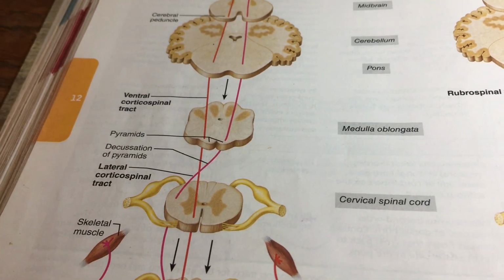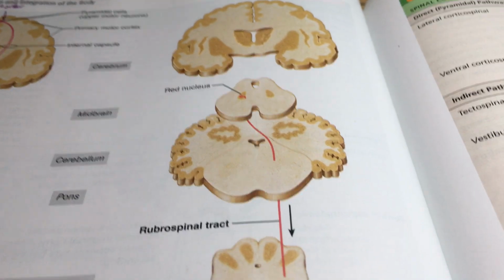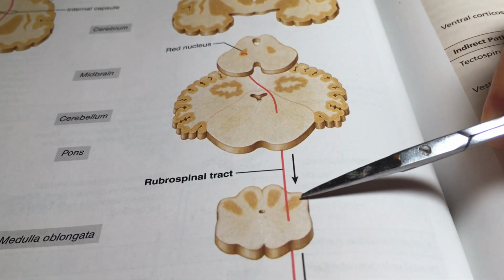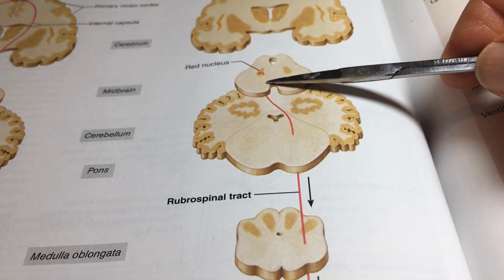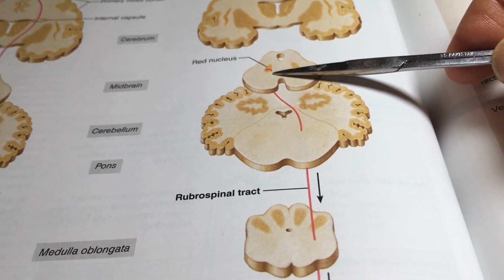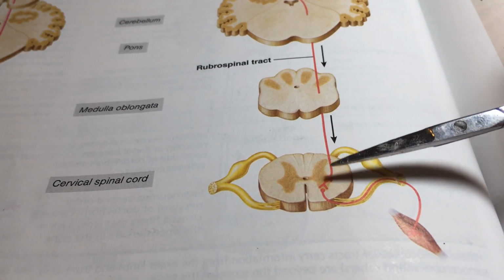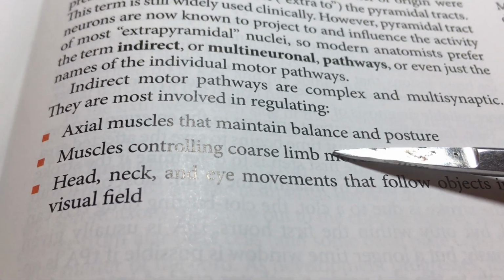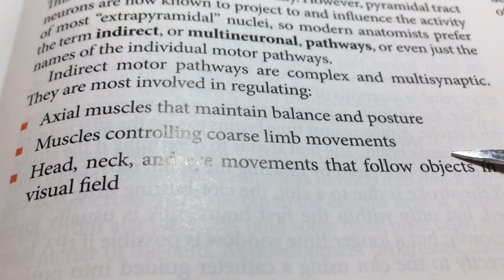So we have the ventral and lateral corticospinal tracts, and then over here we have the little adjustment indirect pathway, the rubrospinal tract. It starts with the red nucleus, and it's picking up all of its dopamine activities there. It's going to come on down, and it's going to make adjustments. What kind of adjustments will it make? It will make adjustments to axial muscles that maintain balance and posture.